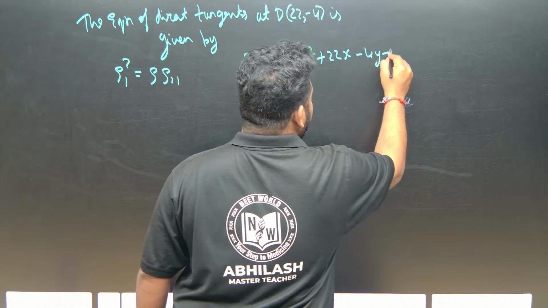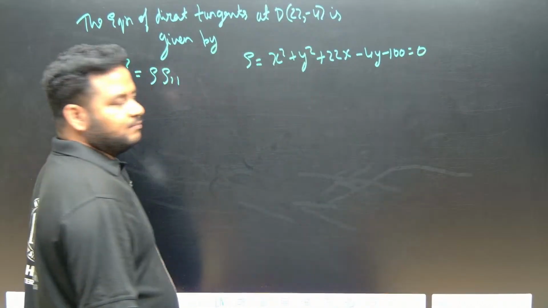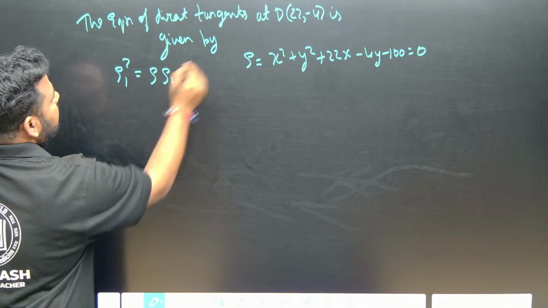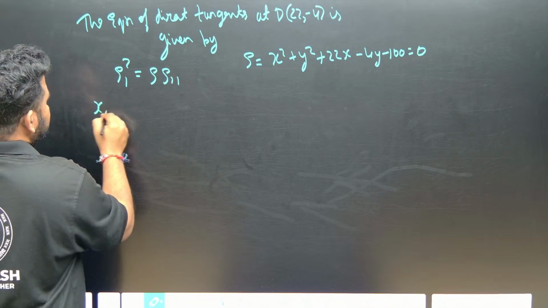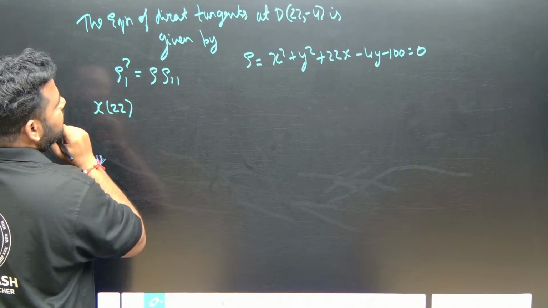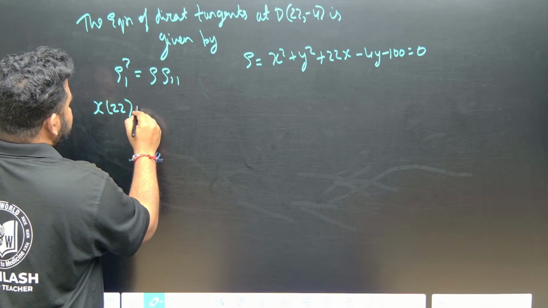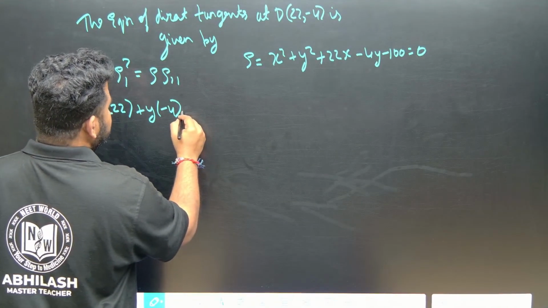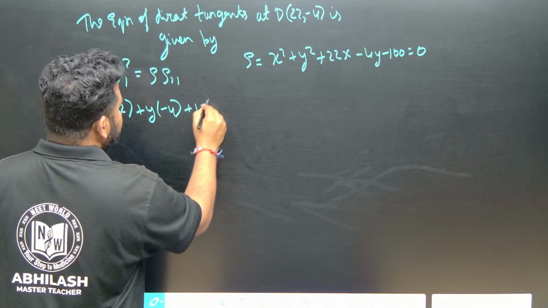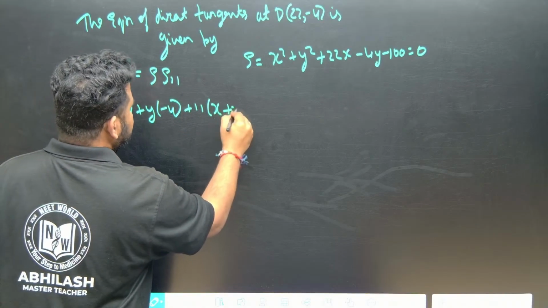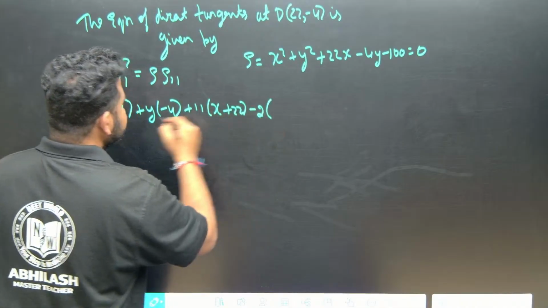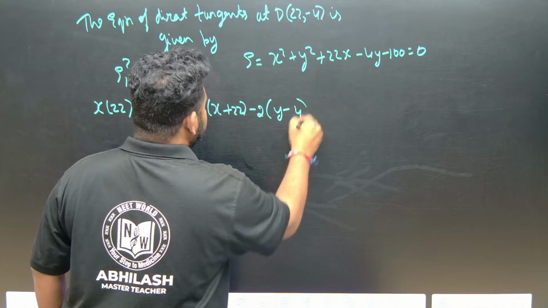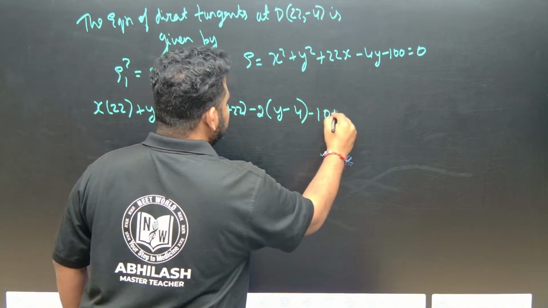S1 is nothing but, at this point, x will become x into 22, plus y into minus 4, plus 22 into 11, so this will become plus 11 into x plus 22, minus 2 into y minus 4, minus 100, is equal to S into S1.